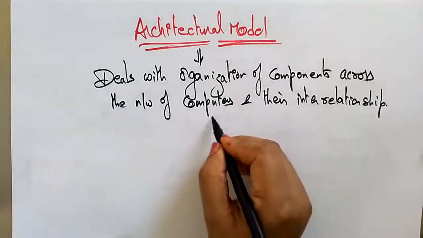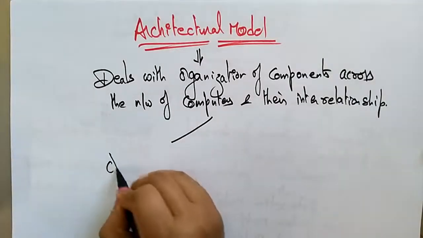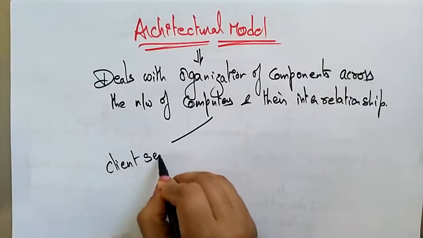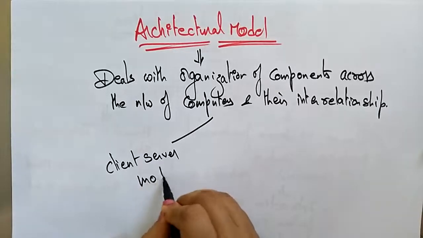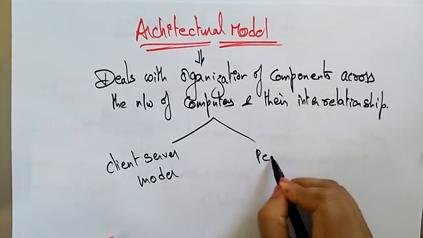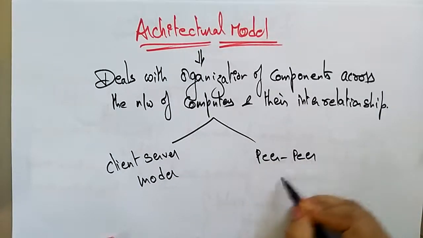Like what type of components is it going to deal with? So the different types of architectural models are the client server model and the peer-to-peer model.